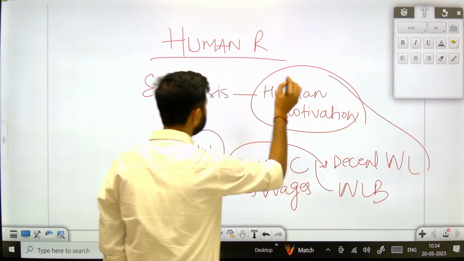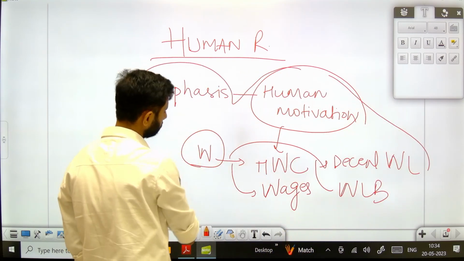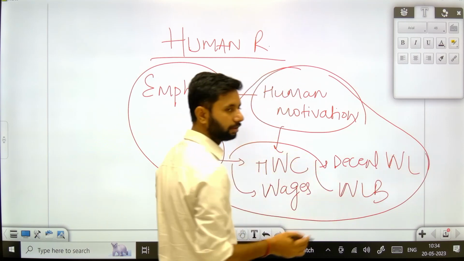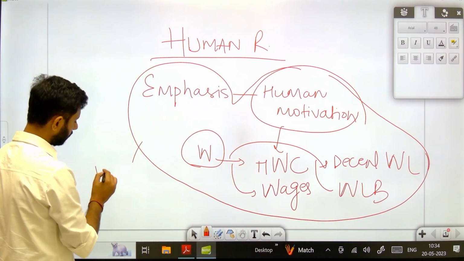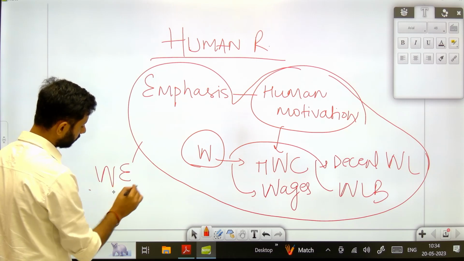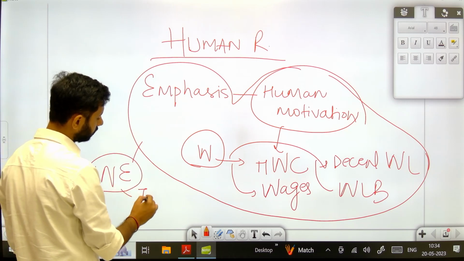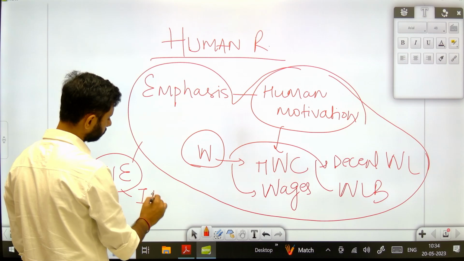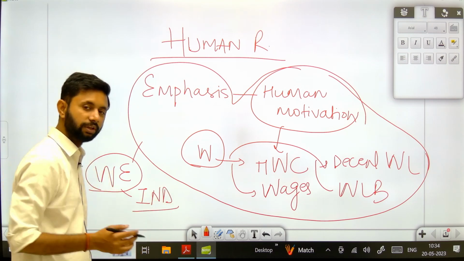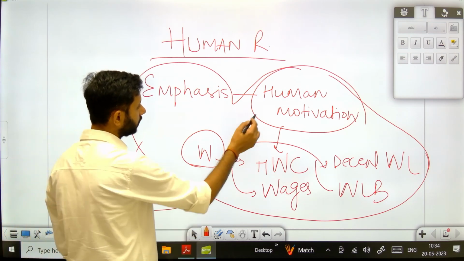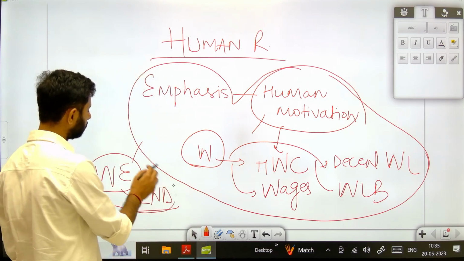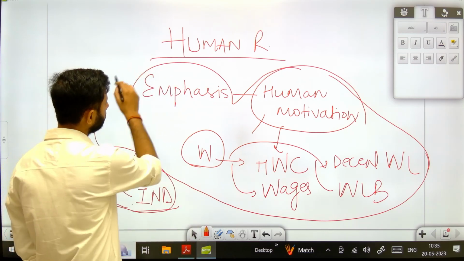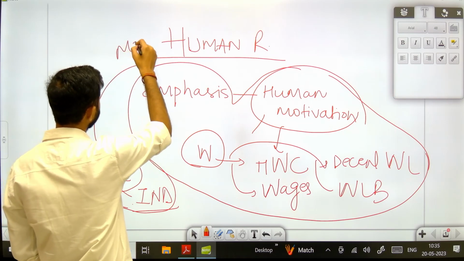Only when these human factors or motivations are catered to by the management, the working environment of the industry will be good. Otherwise, if their motivations are not fulfilled, this environment will get compromised and the relationship between management and employee will break.